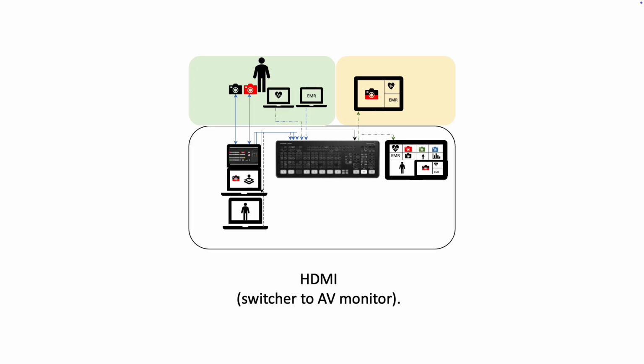This gives flexibility of live video selection to stream to the viewing gallery with the actions in the simulation lab. For details of the ATEM Mini Extreme HDMI switcher operation, do refer to the Blackmagic Design webpage.